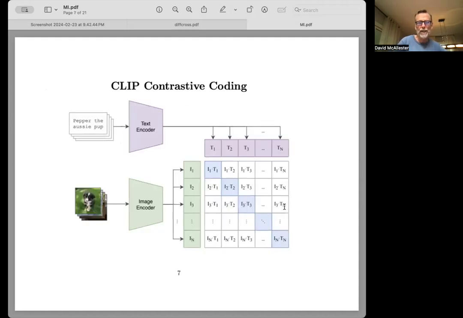The intuition in CLIP is that this encoder and this encoder are putting text into the same conceptual vector space as the images. These two things are putting them in a joint space where if the text corresponds to the image, the inner product of the two vectors is large.